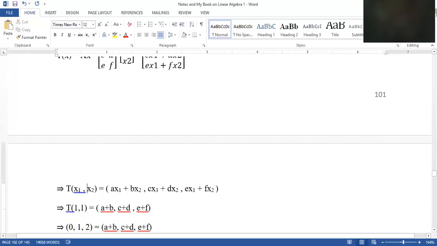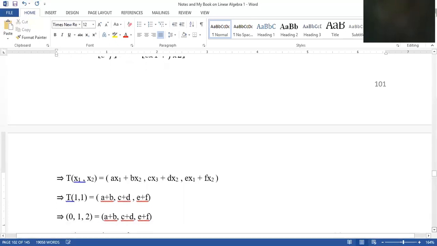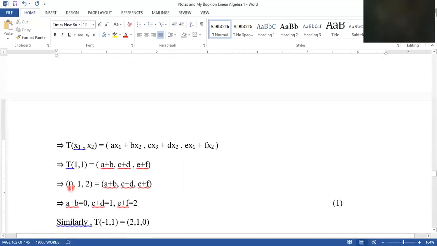Dear student, we compare the x coordinate of the left hand side with the x coordinate of the right hand side, the y coordinate with the y coordinate, and the z coordinate with the z coordinate of this equality. So we get three equations.